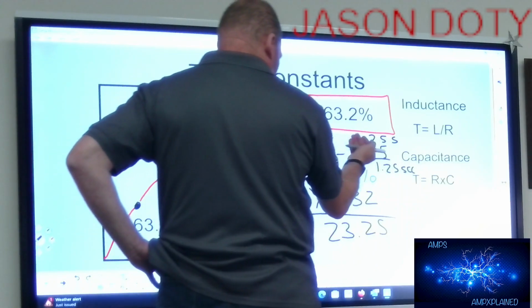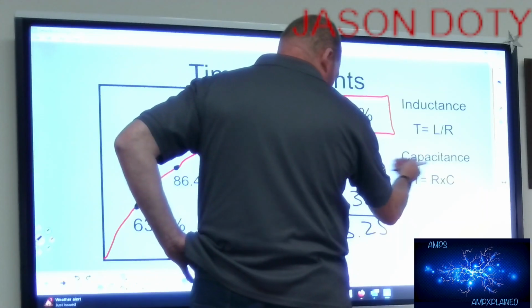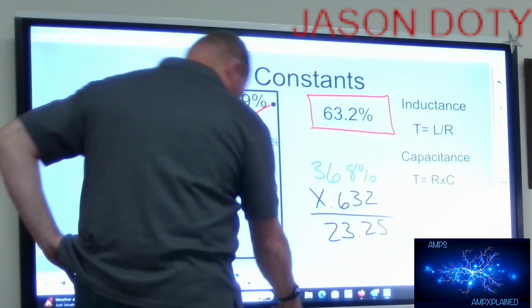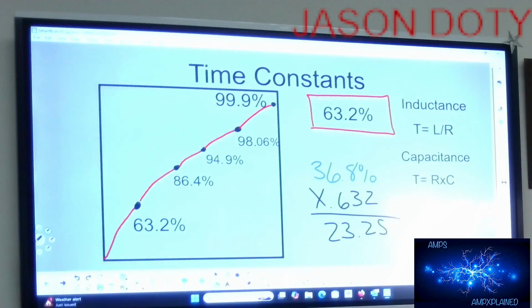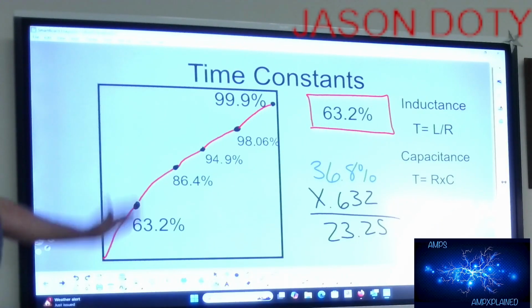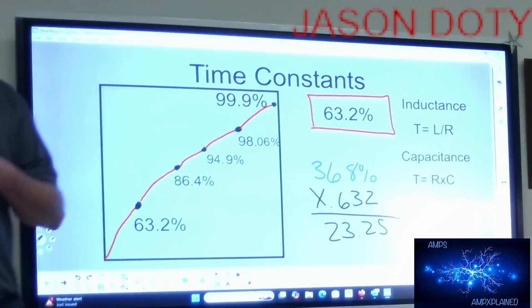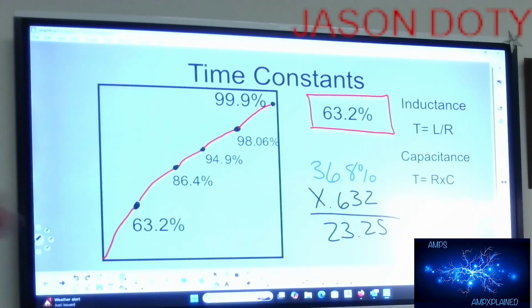That's how long it would take to fully charge that particular capacitor, build that magnetic field in that particular inductor. And here on the left-hand side, we see this exponential curve, meaning it doesn't end. There's always something left. Exponential.